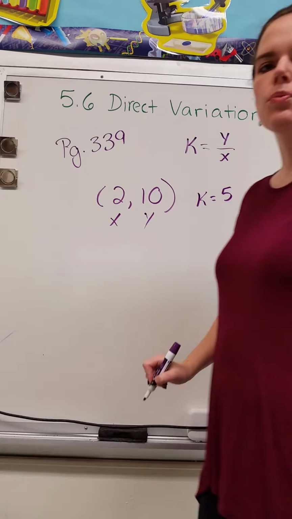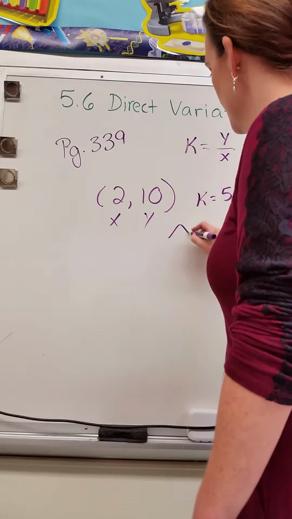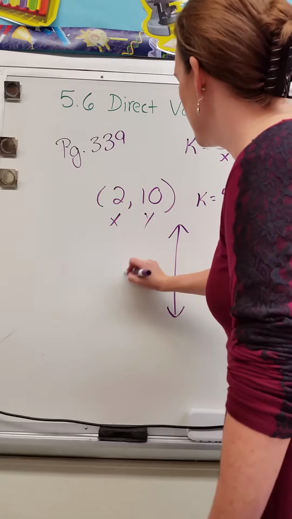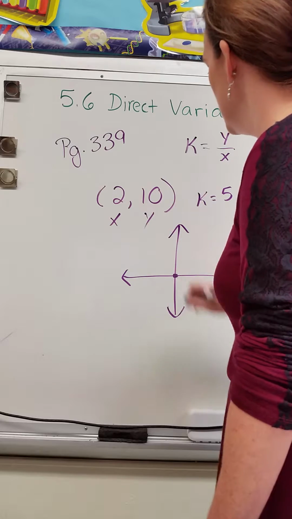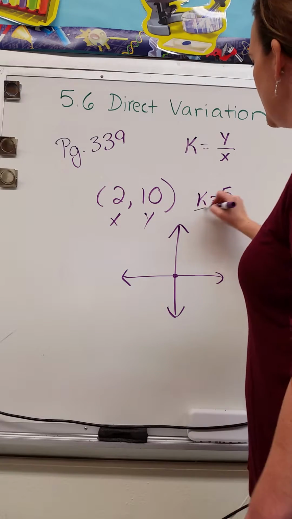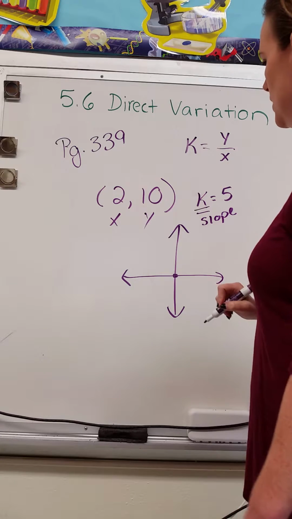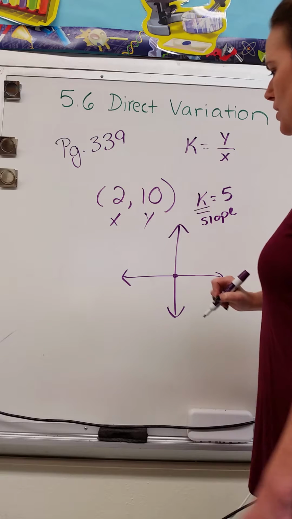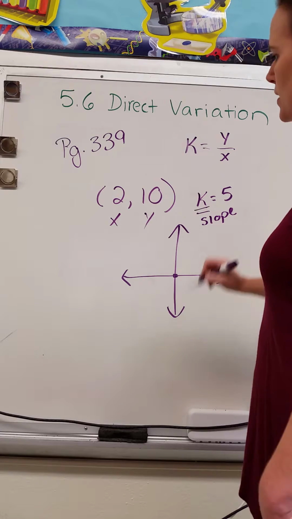If you need to graph that, the way direct variations always graph is they always start with 0, 0. And then you just need to draw a line, and this k is actually your slope. So you need to draw a line that has a slope of 5.